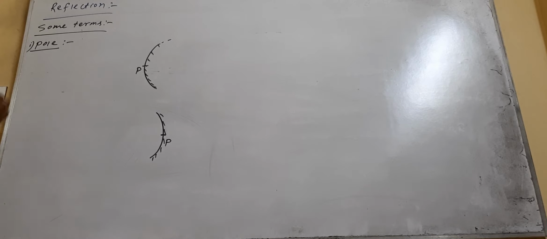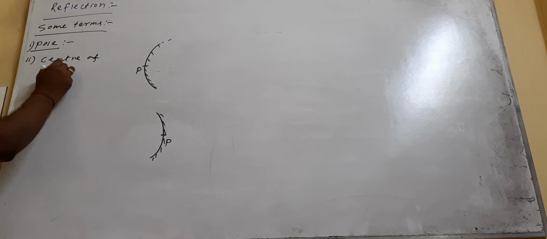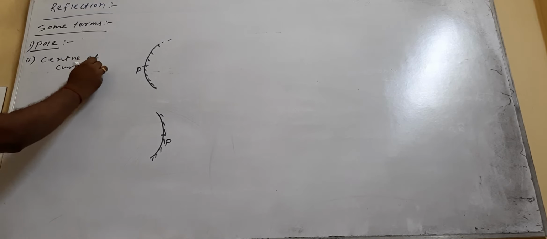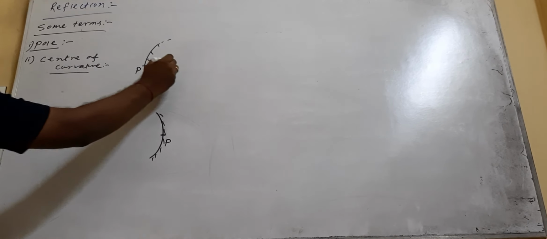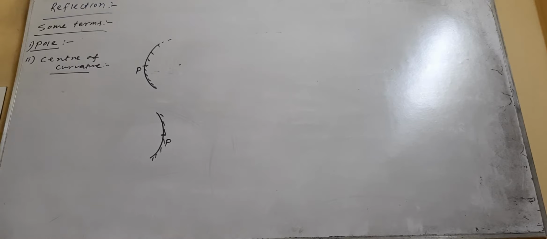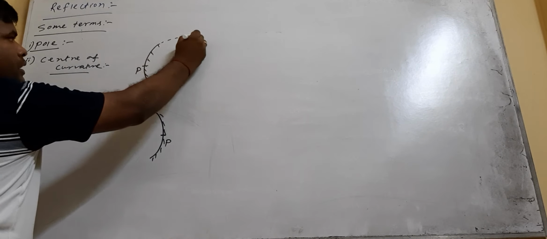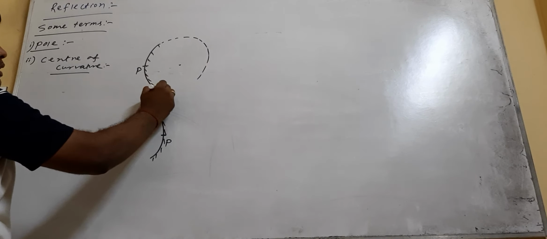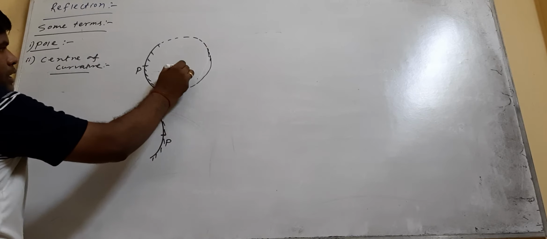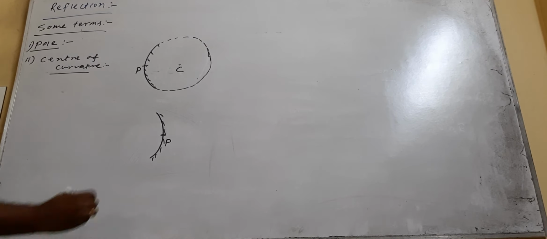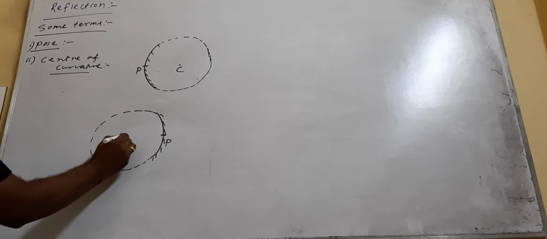Now come to center of curvature of the mirror. It is the center of the imaginary sphere of which the mirror forms a part. It is the imaginary sphere. It is the center. Similarly, it is the imaginary sphere.